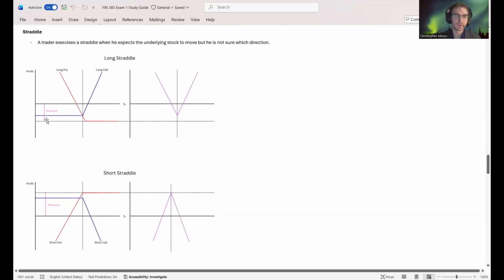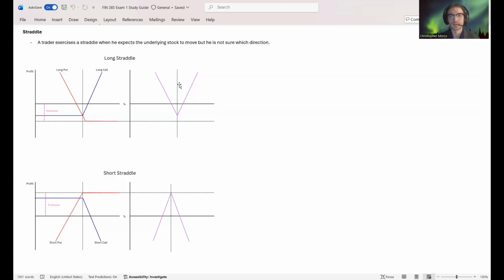You pay the premium to the short position, and after we combine these two options, a long straddle looks like a V. So as we see, we're betting on the stock price to move either up or down somewhere in this area, but we're increasing that area because we just don't know which way.